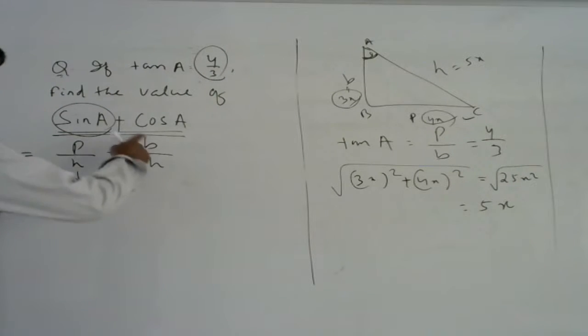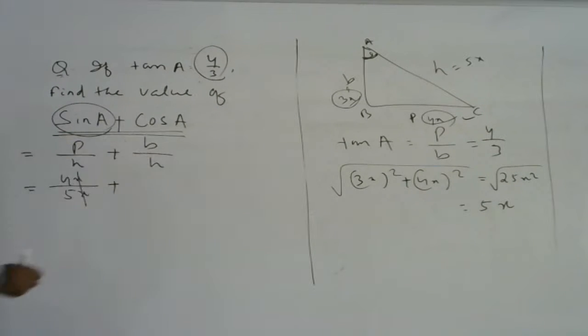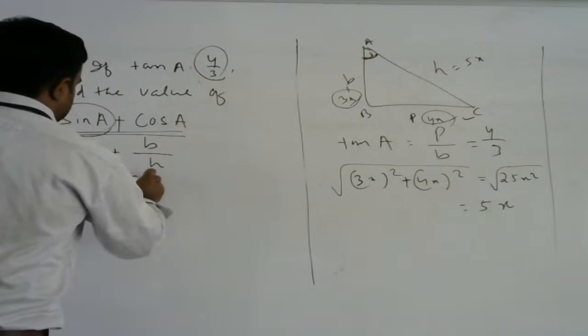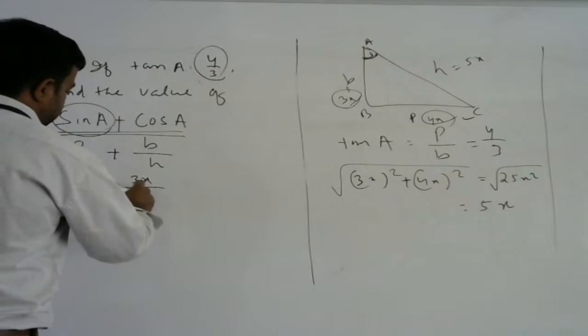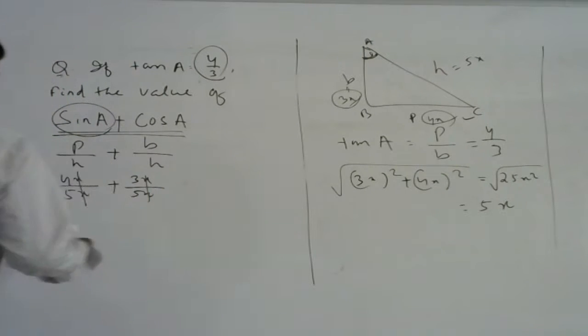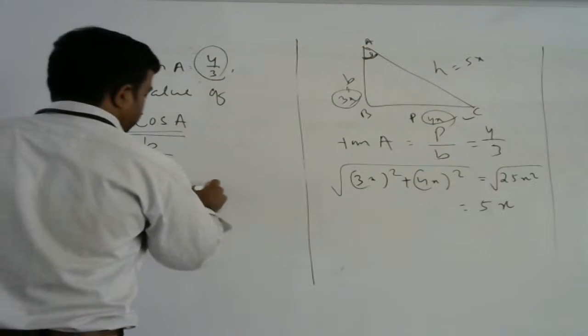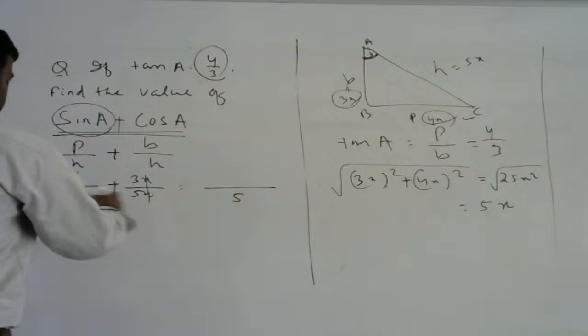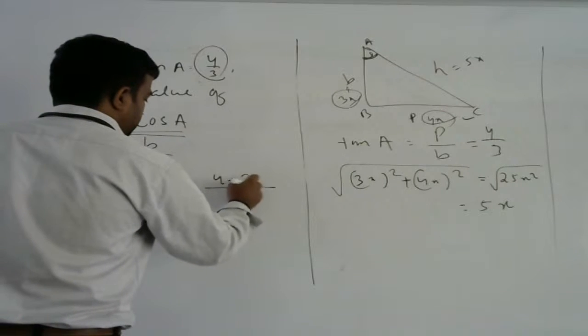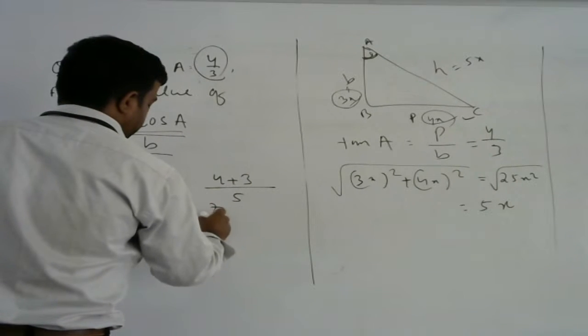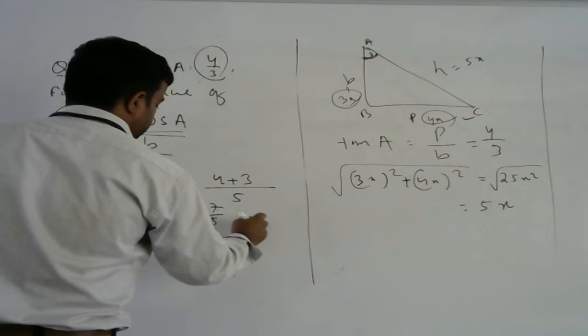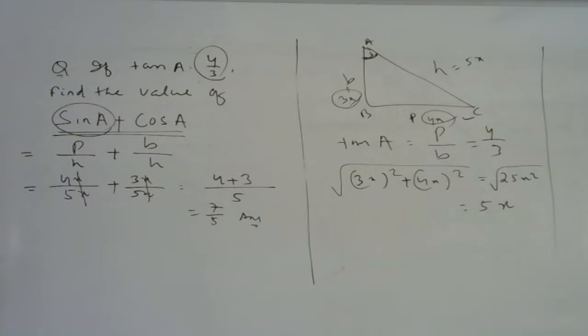B by H, B is 3x, H is 5x. So you have to basically add 4 upon 5 plus 3 upon 5, LCM 5, and this is 4 plus 3, 7 upon 5. So this way you can solve the question.